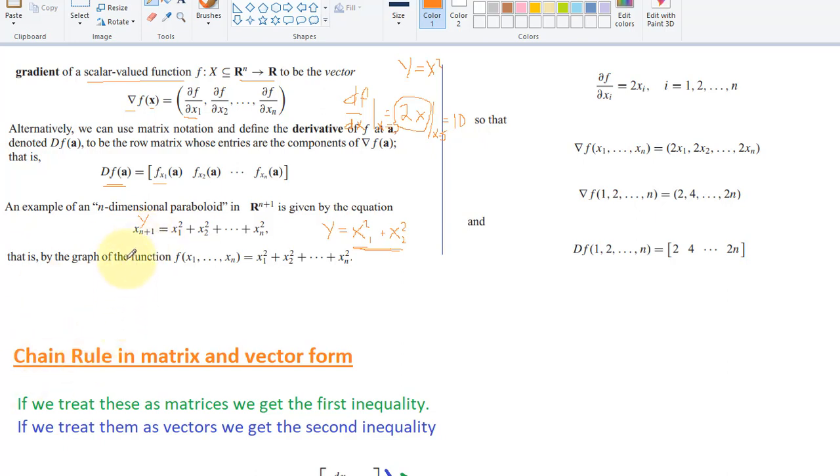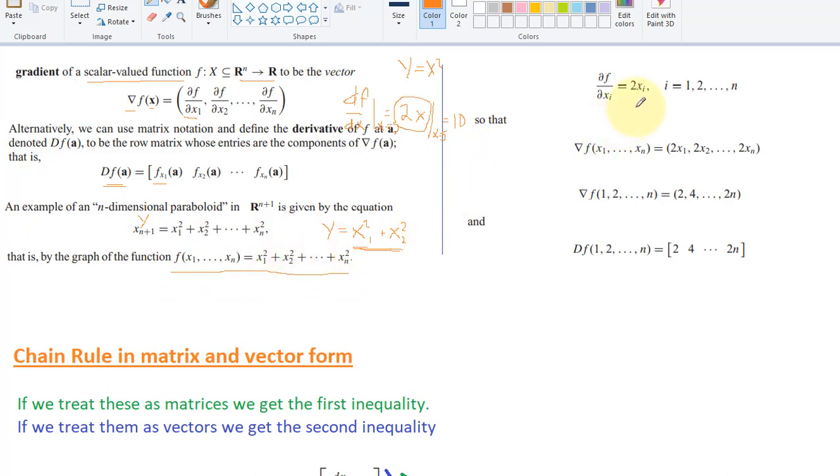So now with this example, let's generate this thing. What is this thing? It's just the partials of the function with respect to each one of these, x1, x2, and so on. This is the function we're working with. The partial of f with respect to x1, where everything else is constant, we get 2x1. The partial of f with respect to x2, everything else is constant, so we get 2x2.